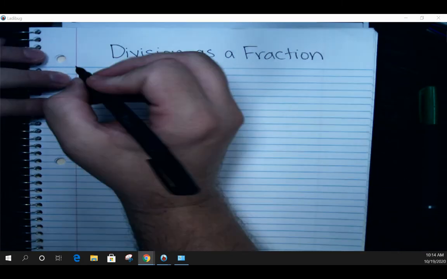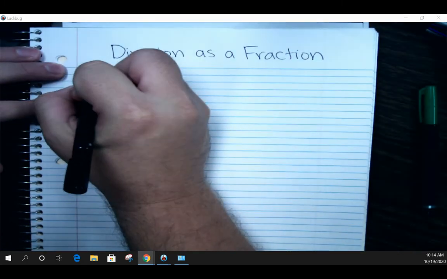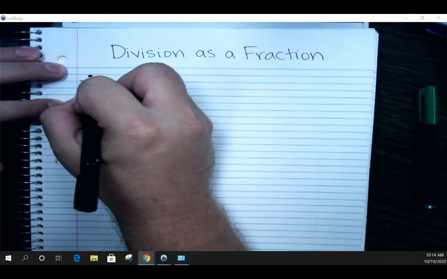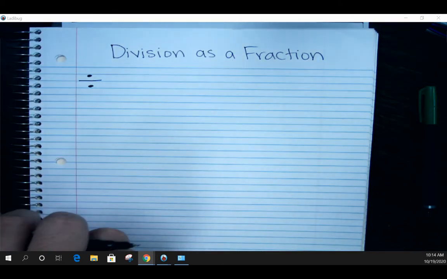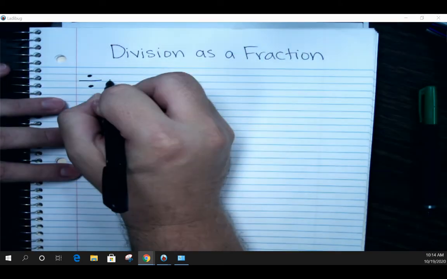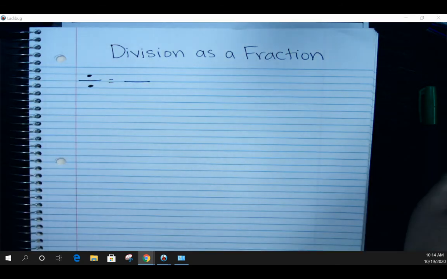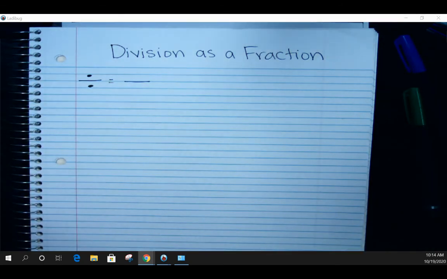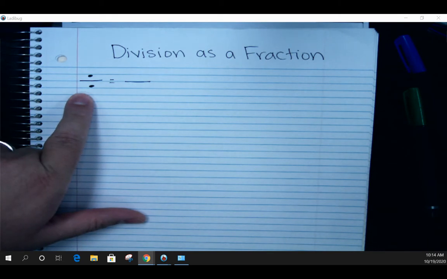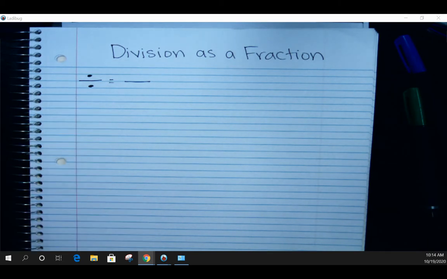The first thing I want to talk about is the division symbol itself, which we've already done. But if we look at that division symbol, we can think of it as what? What is that division symbol? It's a fraction.